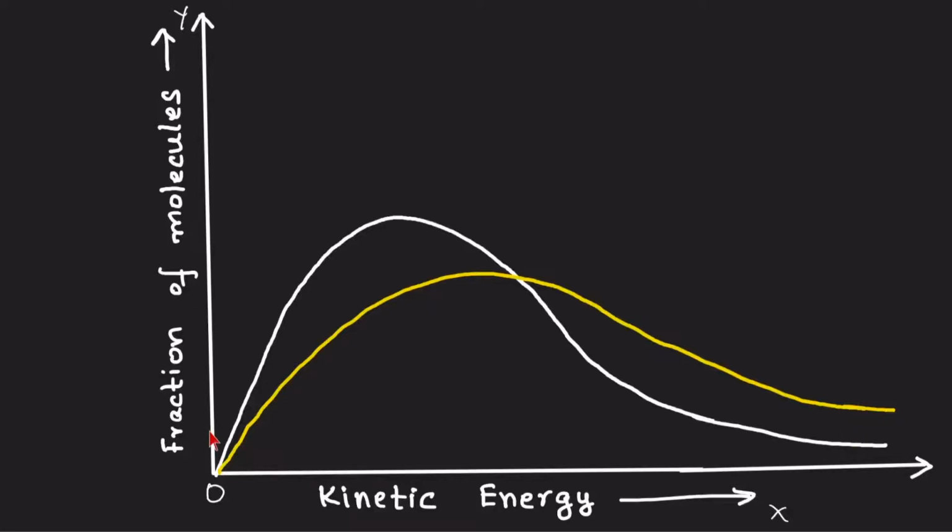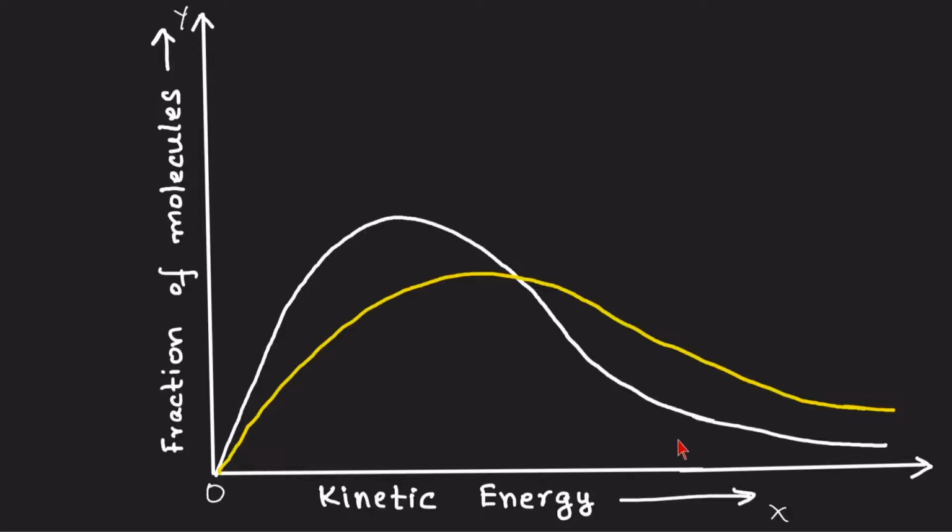So this is fraction of the molecules. This is my kinetic energy. Low kinetic energy, less fraction of molecules. This is the intermediate kinetic energy. You see, the fraction of the molecules is much higher. So most of my molecules are having an average kinetic energy, just like the performance of the students of your class in the chemistry test.